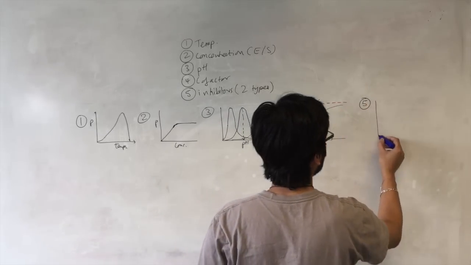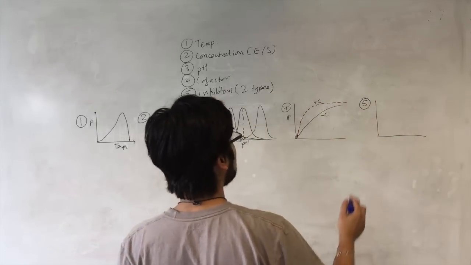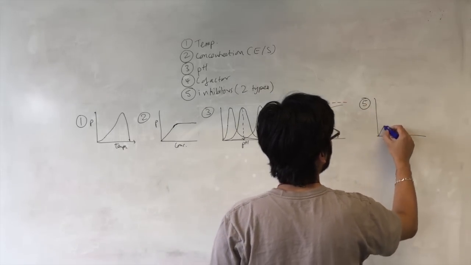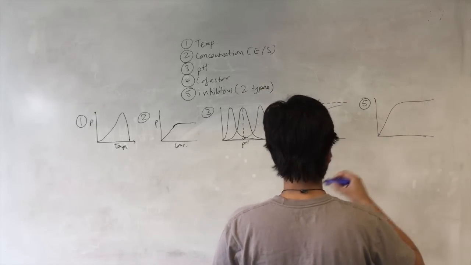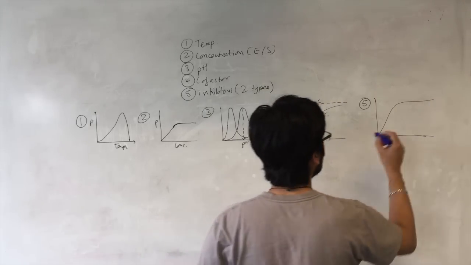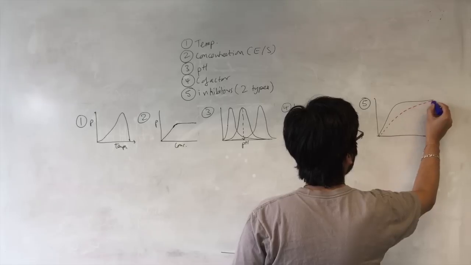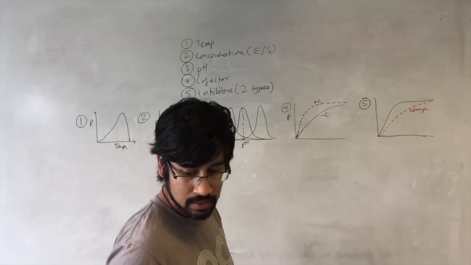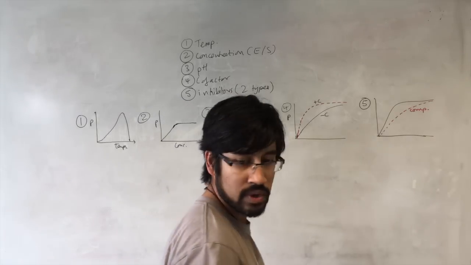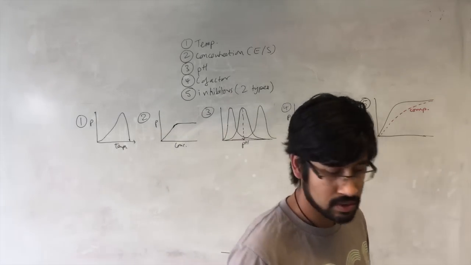And 5, we're going to have our inhibitors. So that's just the enzyme on its own, no inhibitor. And that is competitive inhibitor. Where's my blue pen? Come on.